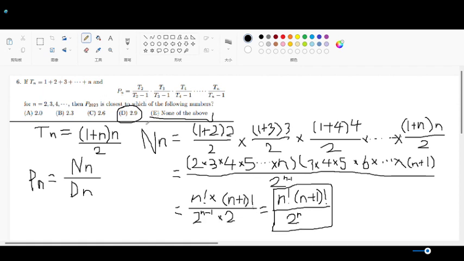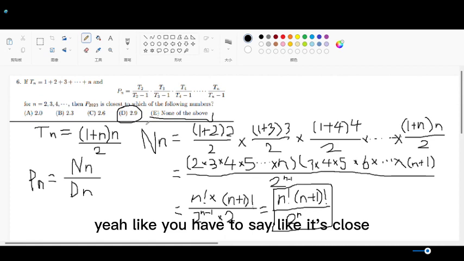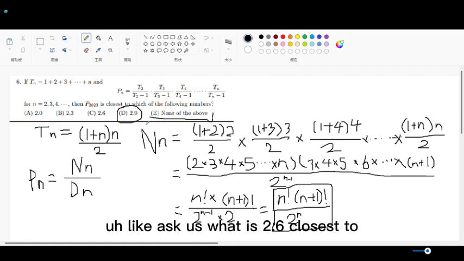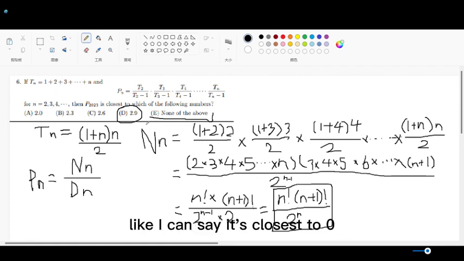You have to say it's closer to 2 or closer to 3. You can't just ask us what 2.6 is closest to. I can say it's closest to 0, but you'll say it's closest to 2. I'll say it's closest to 2. You'll say it's closest to 2.5.